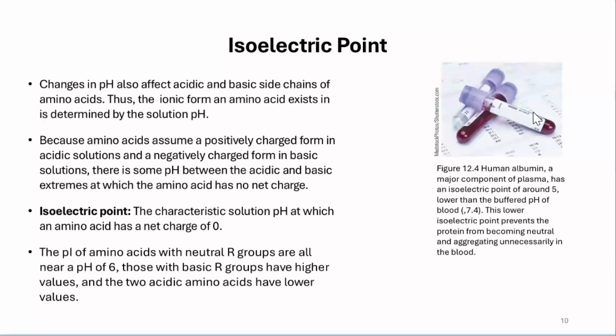Since albumin has an isoelectric point around 5, this lower isoelectric point actually prevents the protein from becoming neutral and aggregating unnecessarily in the blood, meaning that since it's not going to aggregate, it's not going to precipitate out of blood.